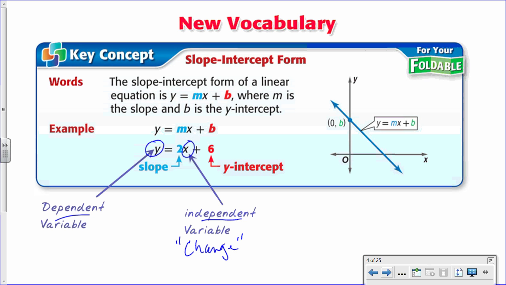It can change, right? Being a dependent variable, it depends on what x is in the equation.